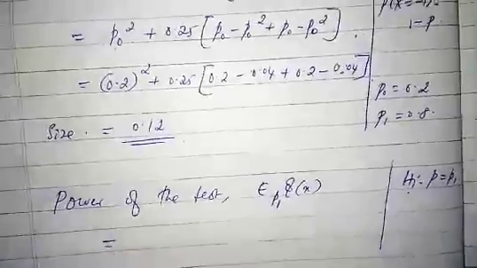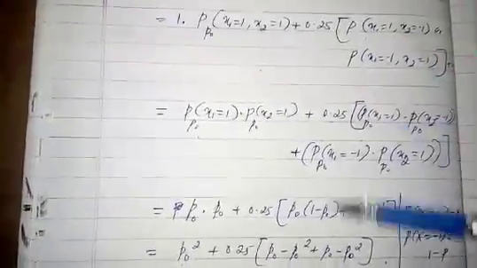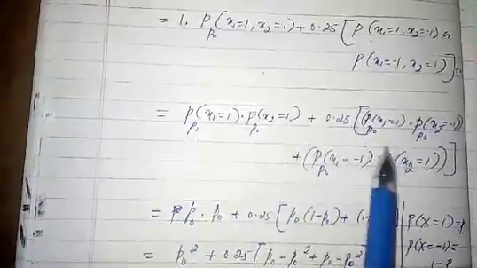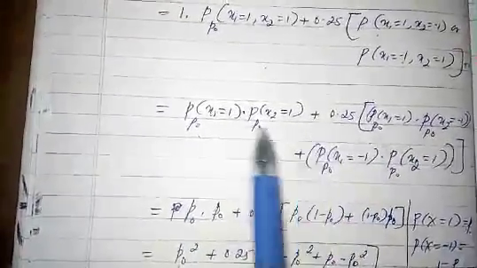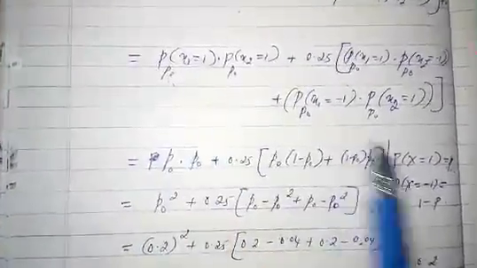So it is the similar procedure as we did for the size of the test, but in that case all were p naught. In the power of the test, instead of p naught we write p1.